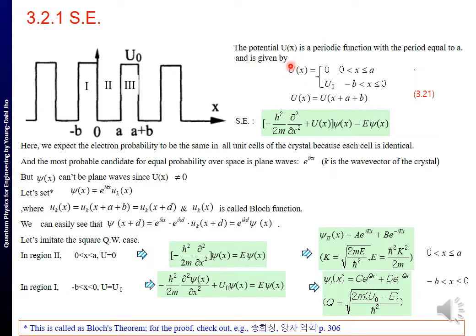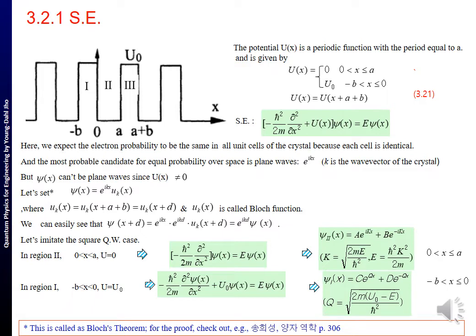So the potential is defined as shown here. It is 0 in region 2, where x is larger than 0 and smaller than a. In region 1, it is U0, where x is larger than minus b and smaller than 0. And we see that the potential is repeated. The period is a plus b, right?